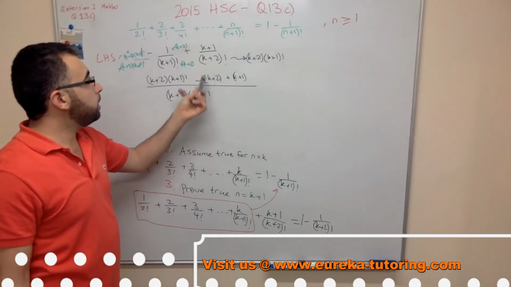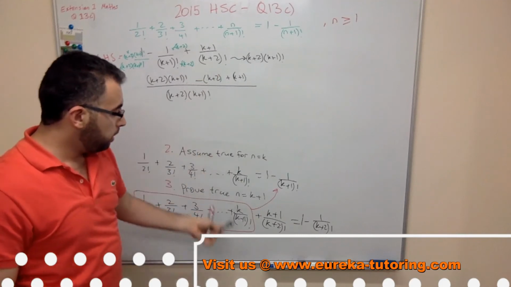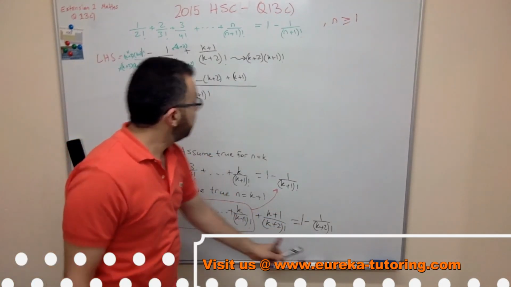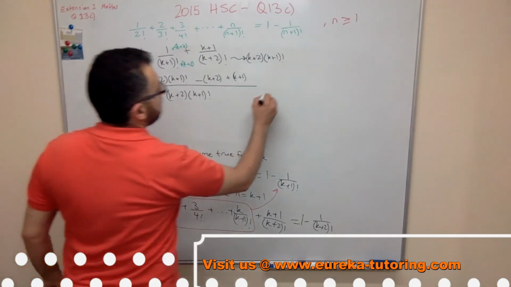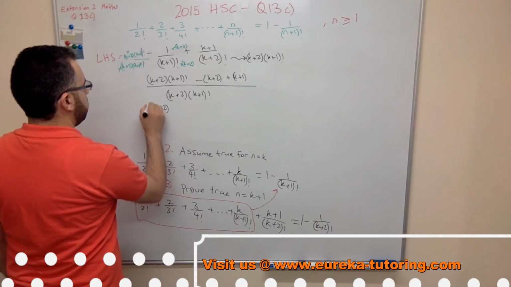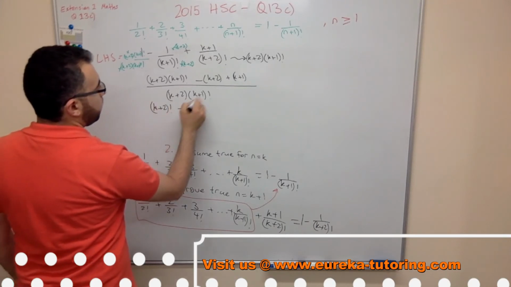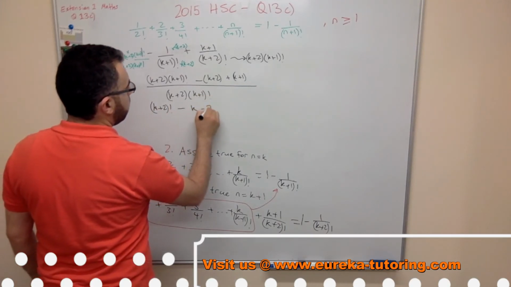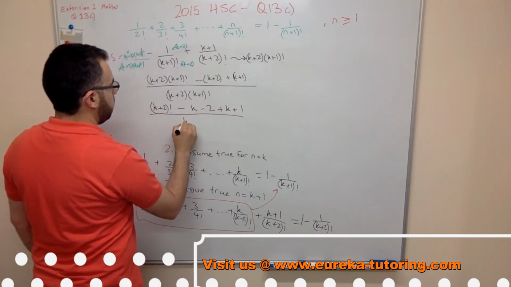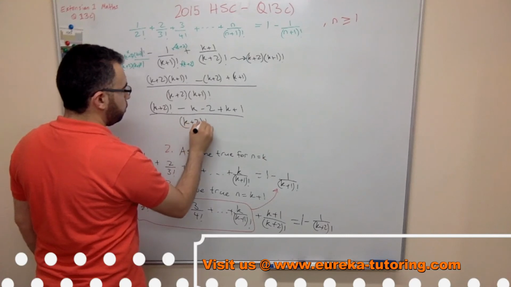So I'm going to rewrite this and put it into this term here, because that's what we want to get at the end of the day. So this will be (k plus 2) factorial minus k minus 2 plus k plus 1 over (k plus 2) factorial.